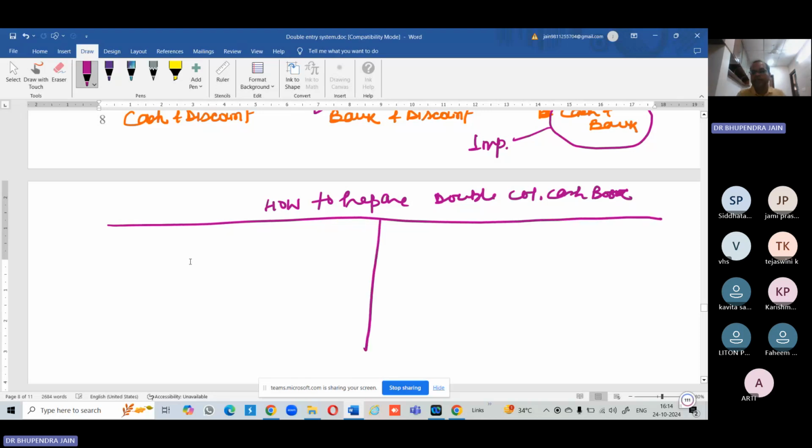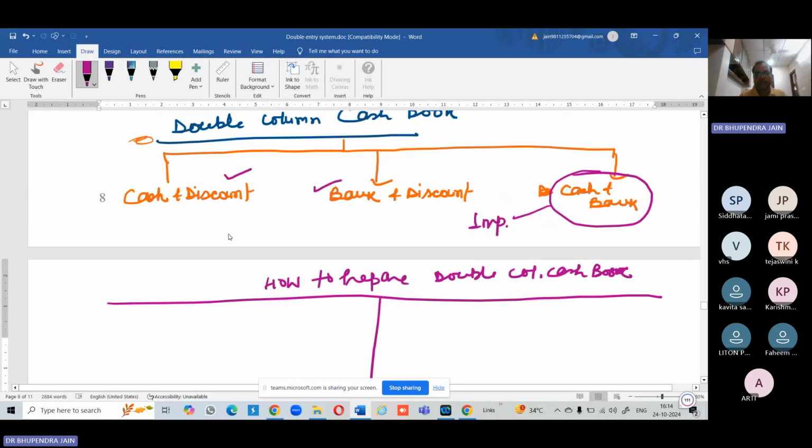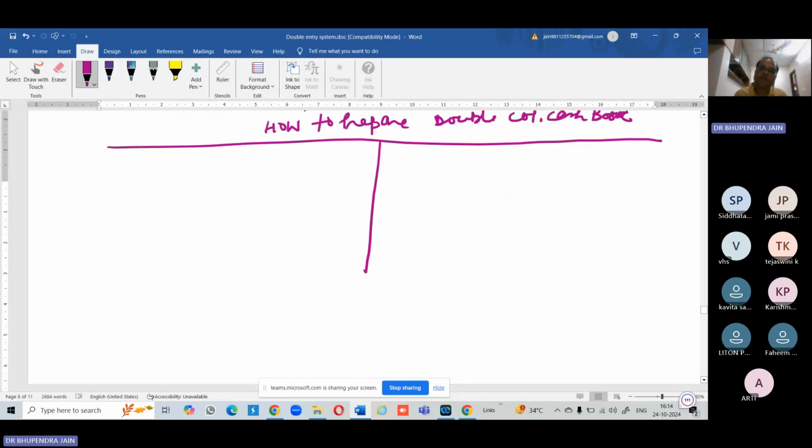There are total three types of method to prepare it, but I am just explaining the third type here. This is the most important and popular method, in which there are two columns: one is cash, another is bank. I am telling you this one.